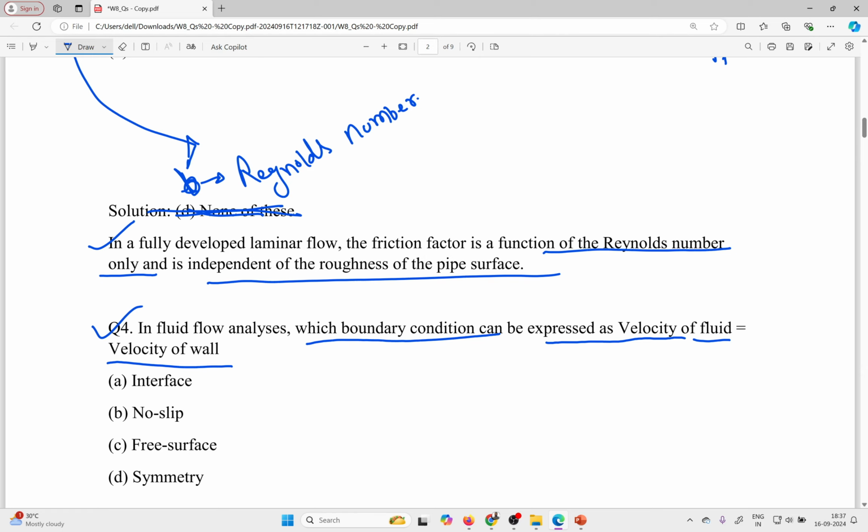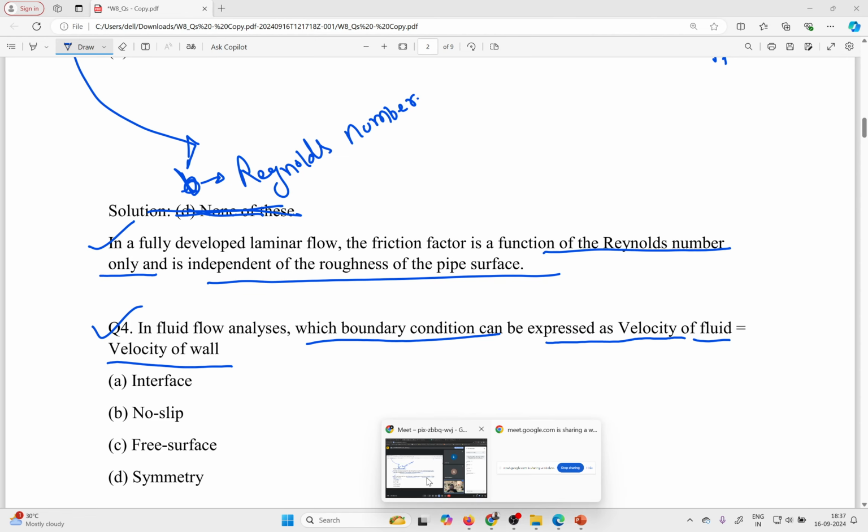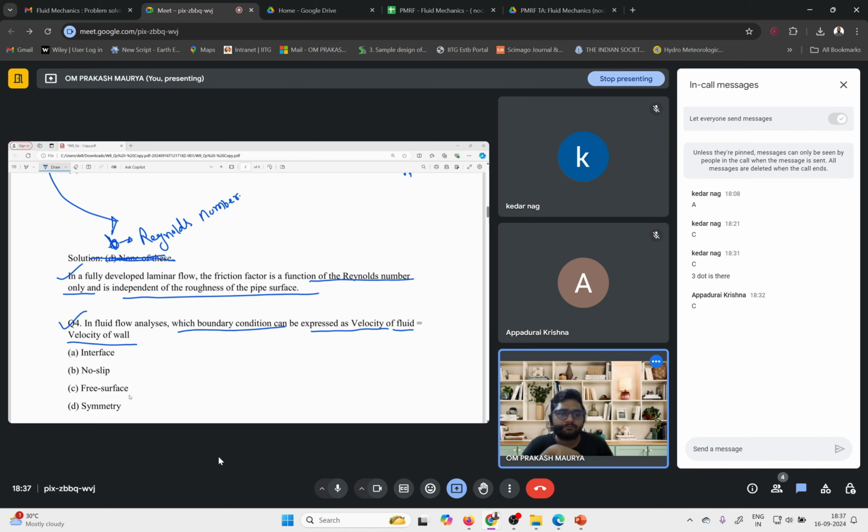Please first try to give your answer. A couple of minutes back I discussed that, so if you listen very carefully, you can very easily give your answer.